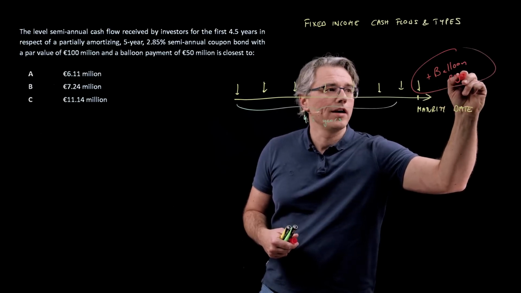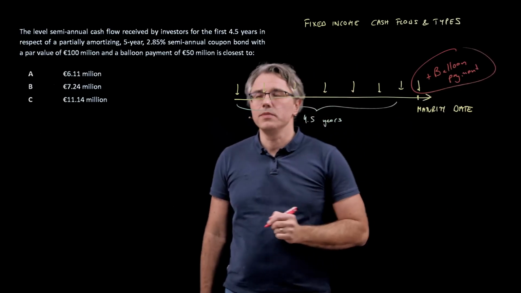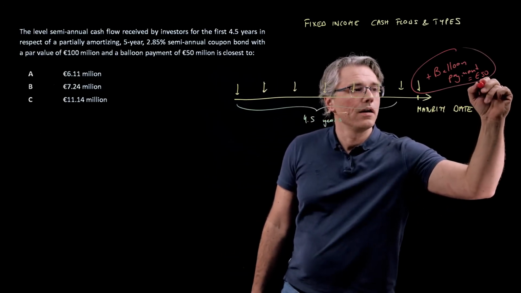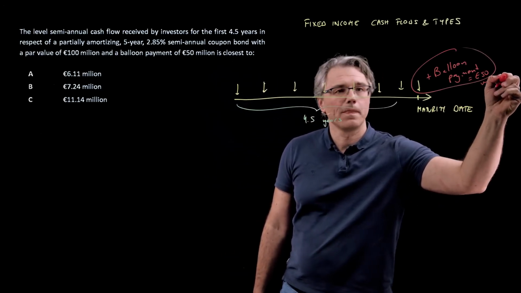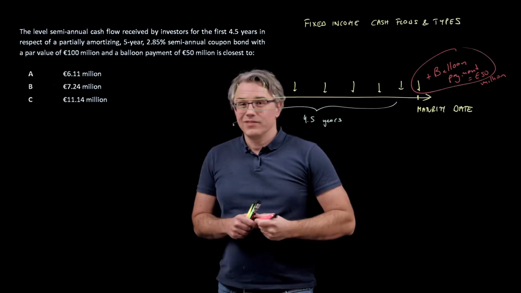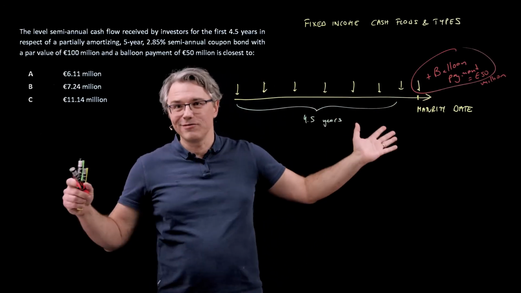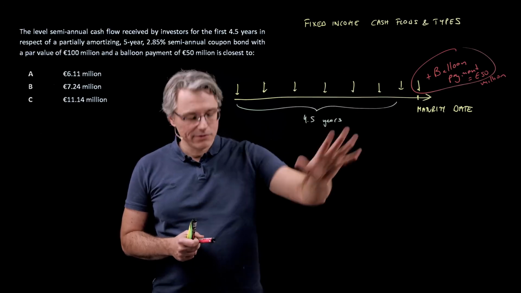And we know how much that balloon payment is going to be. It's equal to 50 million euro. So that obviously throws the final cash flow out of scale here, and we're not dealing with this one.